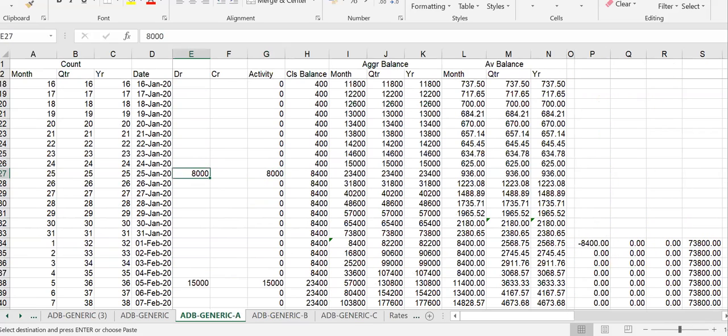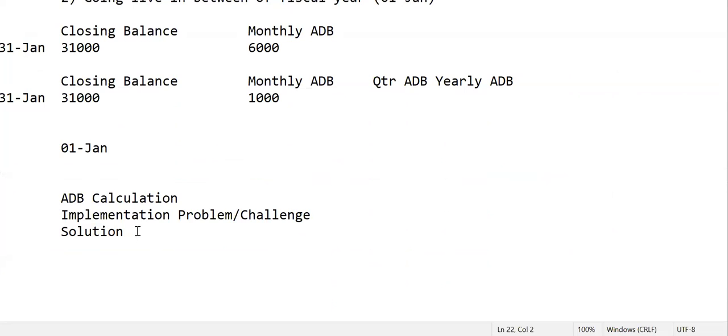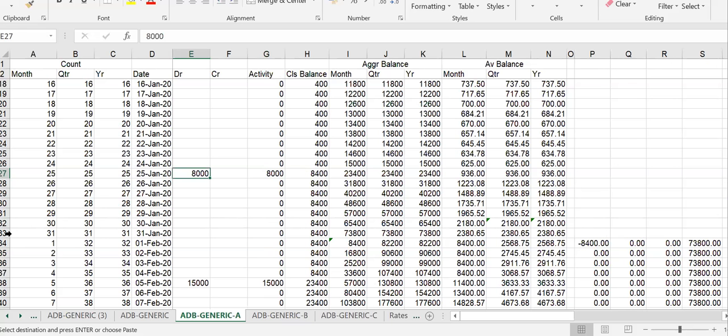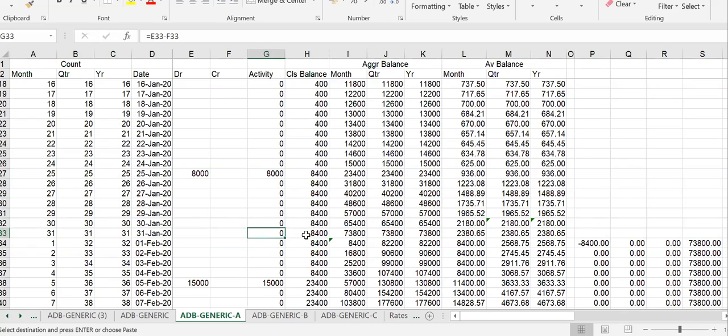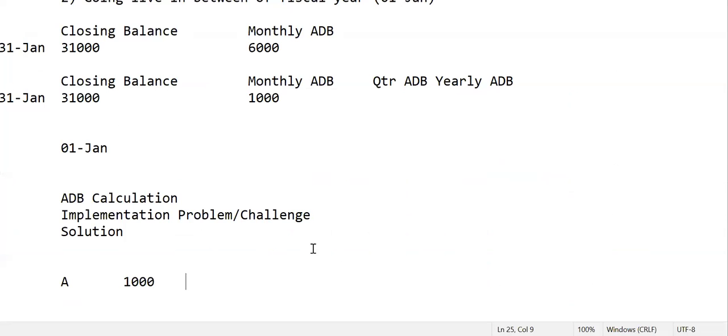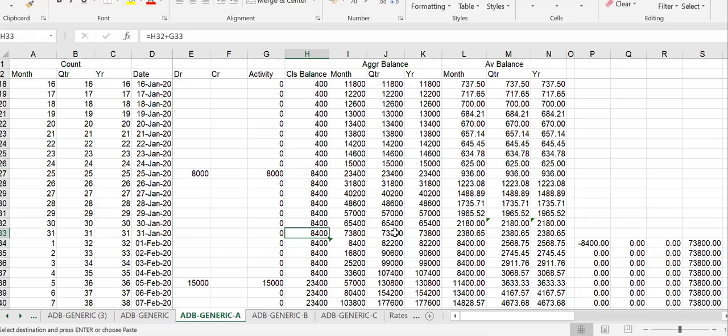So our requirement is that at the month end, we want to send, like, A having a balance of 1,000. Now let us take this as an example. For account A, the closing balance on 31st January is 8,400. Account A, EOD is 8,400, and ADV is this one.